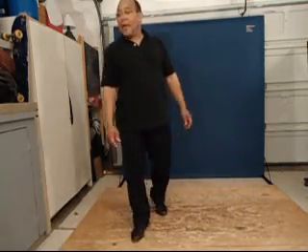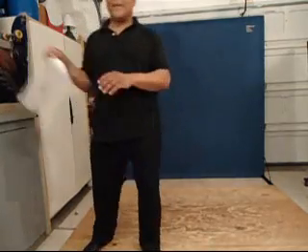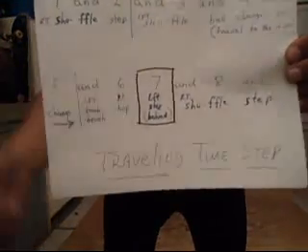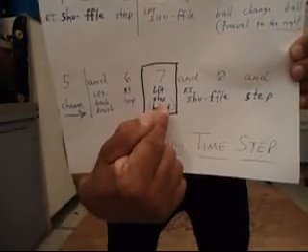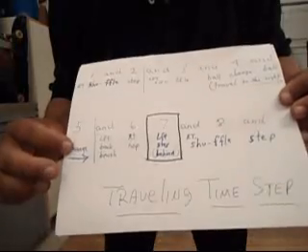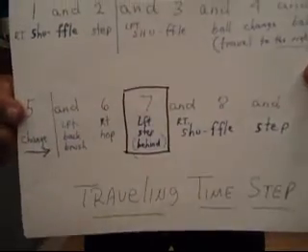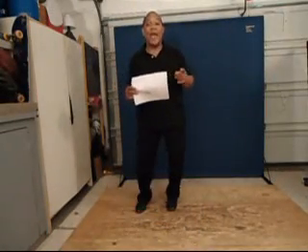Okay? Now on this graphic, you see where the square is, right there. That's where the change is. This is the single. That's a step. Okay? Step behind. That's when you go 1 and 2 and 3 and 4 and 5 and 6, 7.